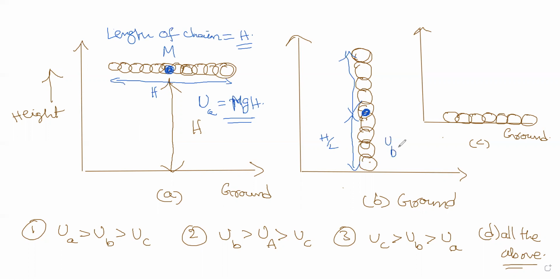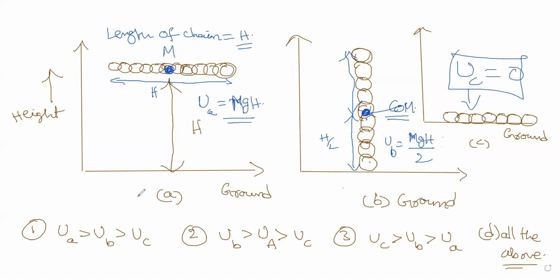So for UB, you will get mgh divided by 2. You have to look at the height where the center of mass will be. And in this case, it is on the ground. UC is 0. So which one is the correct option? Option 1.